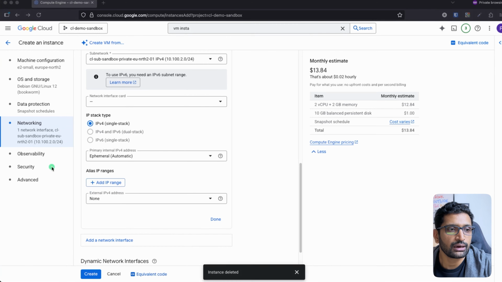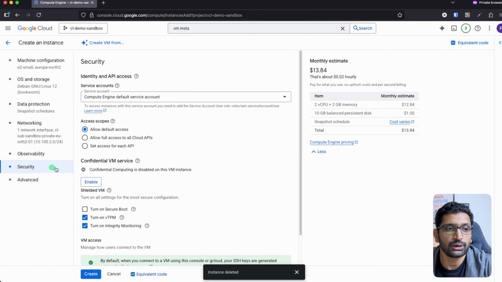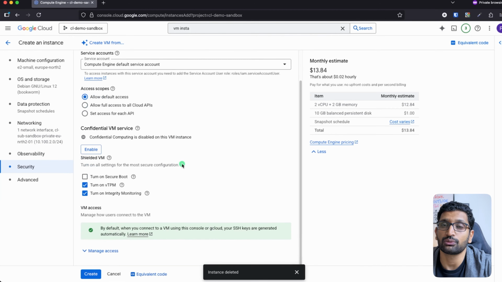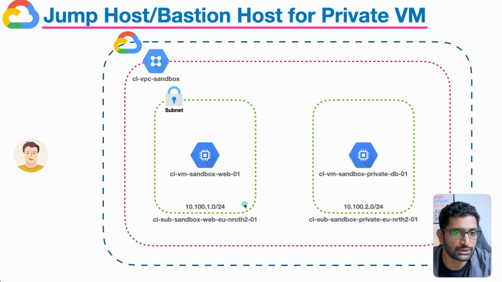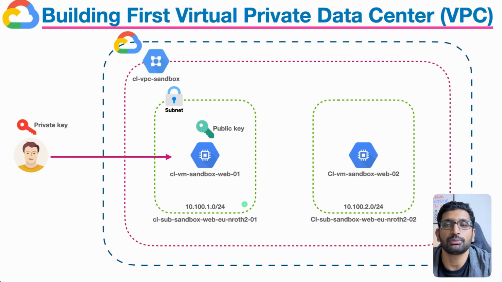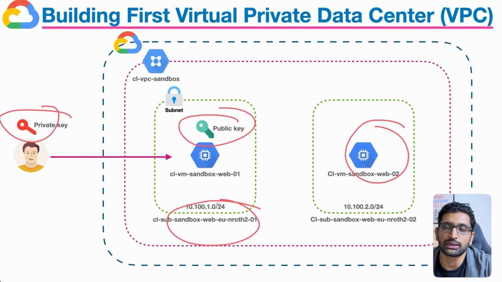Okay, after that, go to the observability. We don't need to change anything. Security, yes, we need to change a few things over here. Let me show you the previous slide where I explained the public key and private key. This is the virtual machine where we are working, but to access it, we again need to do the same setup of a public key and private key, which we have done on our public subnet.